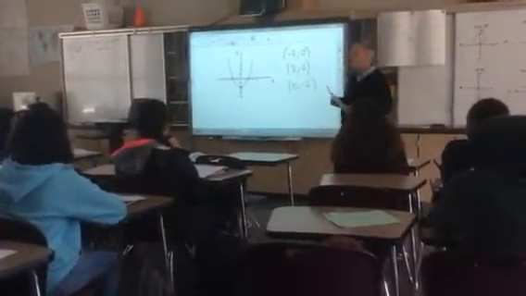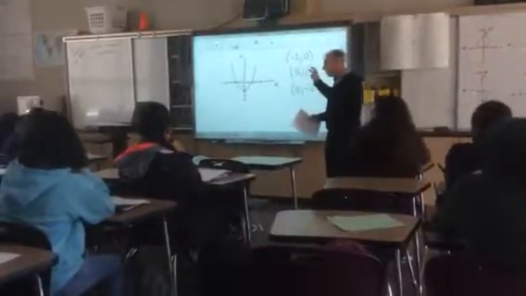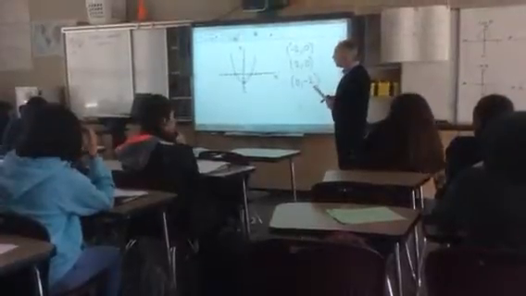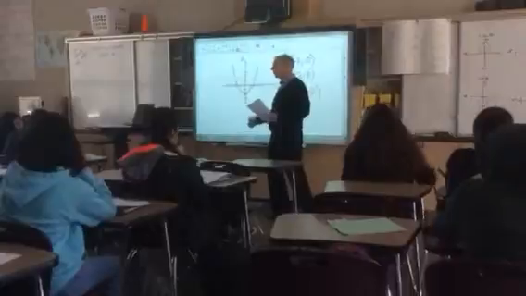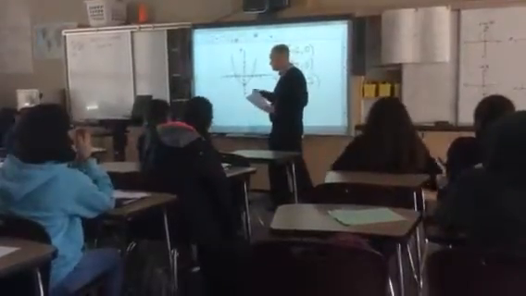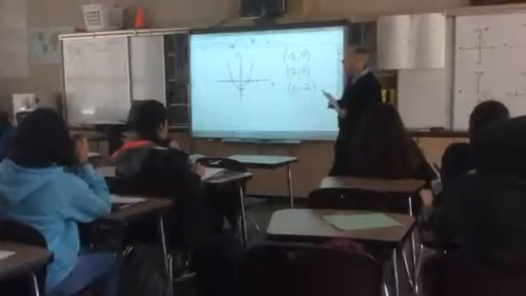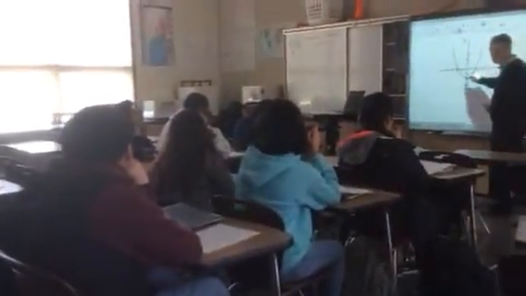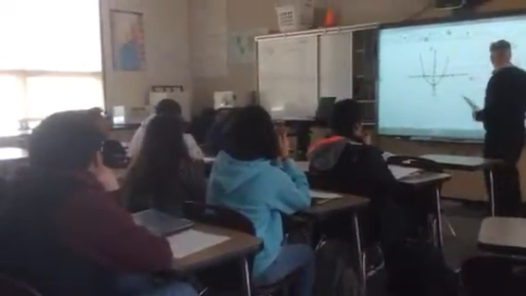Now this one's a little bit of a fun one. Raphael, the third thing that we want to know about a graph is where is the y-intercept, or where does this graph intersect the y-axis? Can you tell me what that point is? That's the point 0, -2.